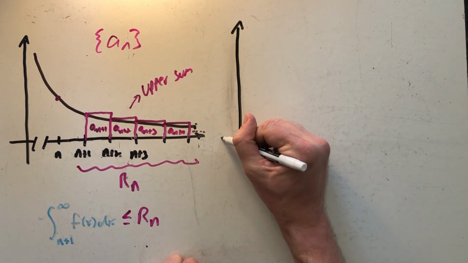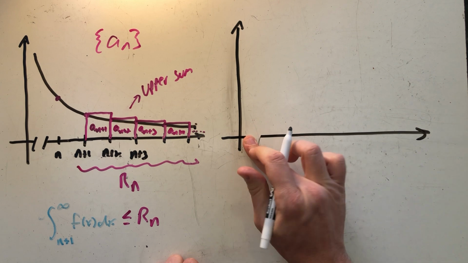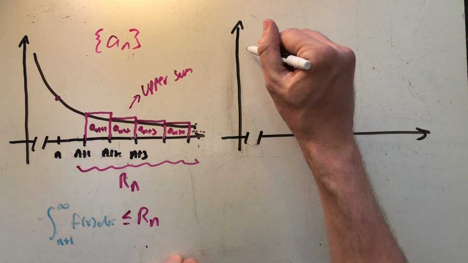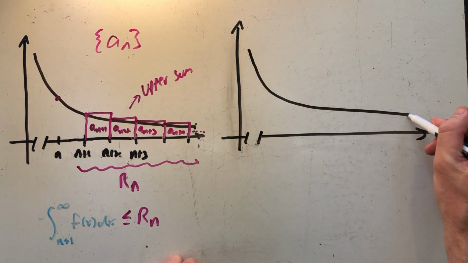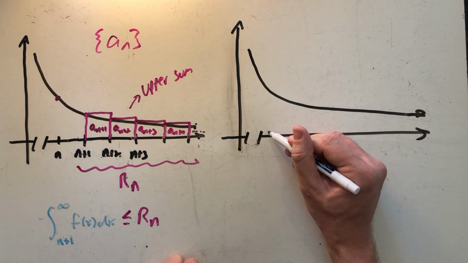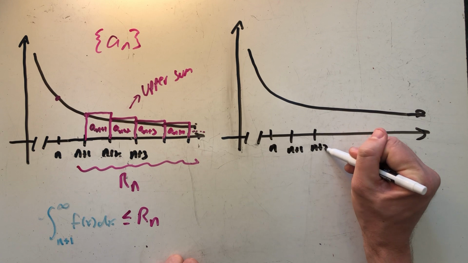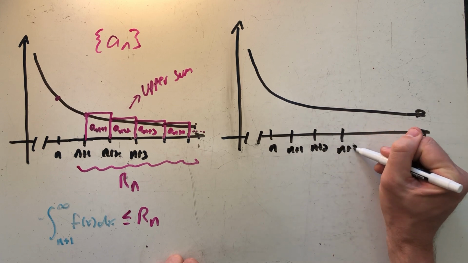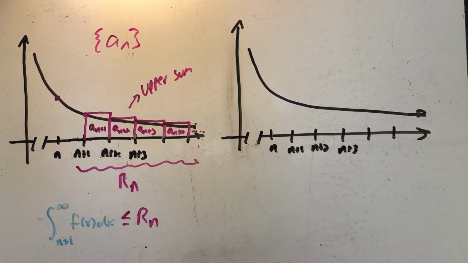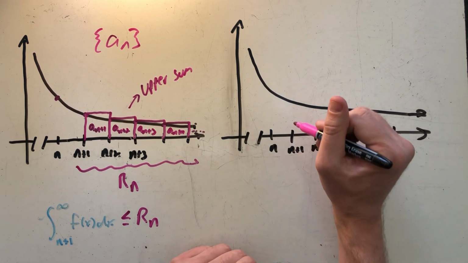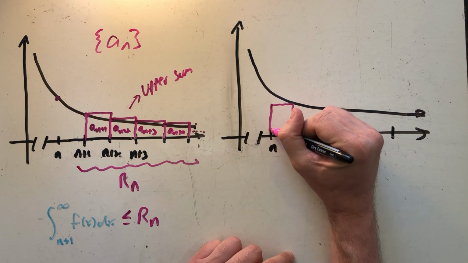So I'm going to draw another diagram, thinking about the same series, same continuous positive decreasing function. We'll pretend that's exactly the same. Same spots here on the x-axis. And this time, instead of drawing a set of rectangles that would correspond to an upper sum, I'm going to draw a lower sum.